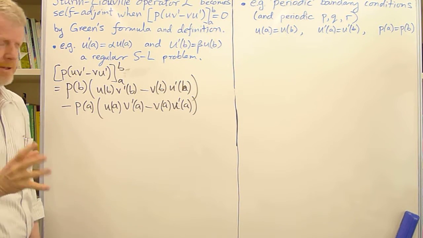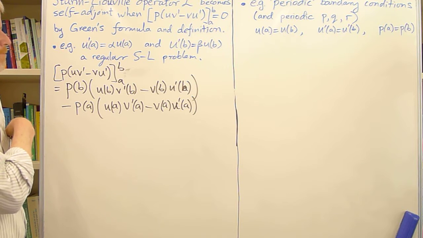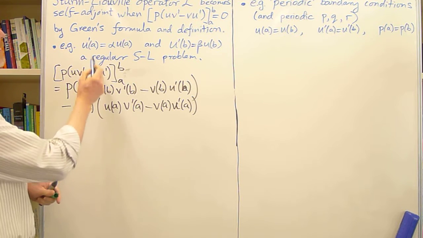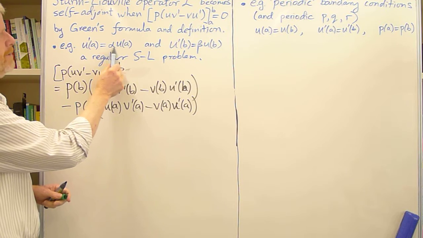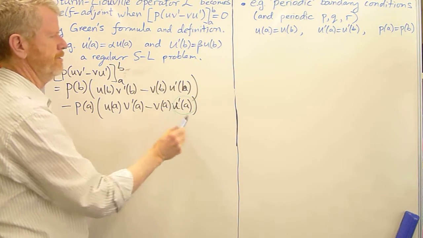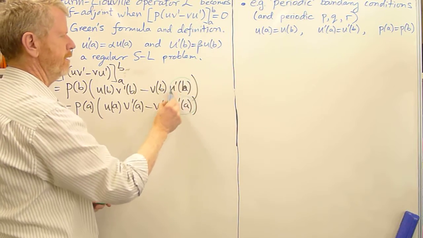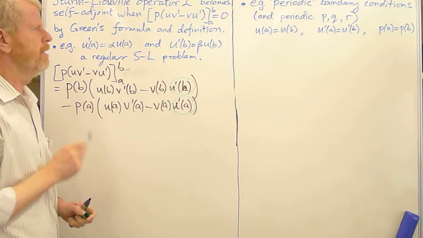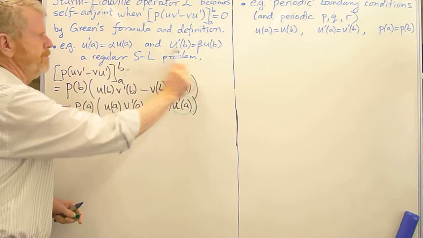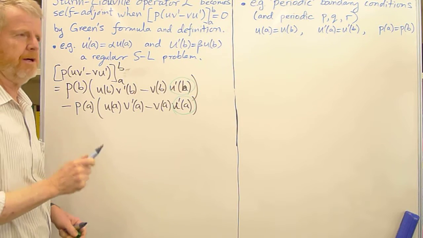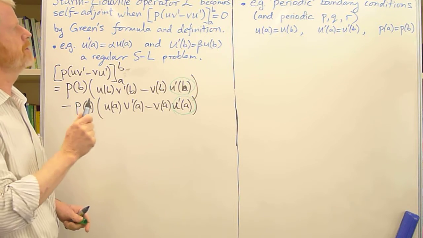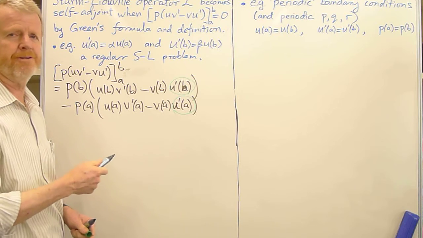Now let's use the boundary condition and see what happens. Now we know the boundary condition says u dash of A is alpha u of A, so let's use that there. And u dash of B is beta u of B, so let's use that there. But crucially, these boundary conditions apply to every function that L is applied to.